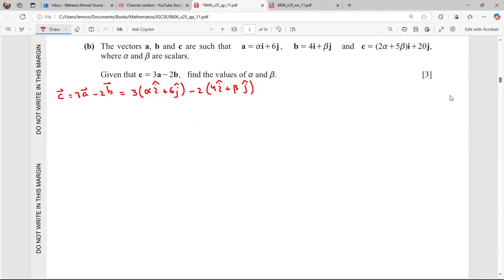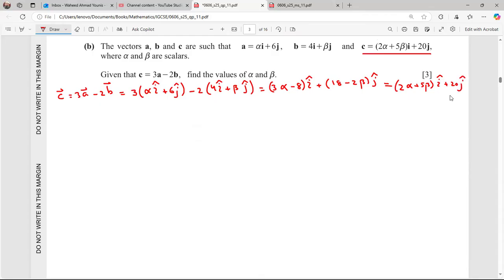Let me simplify it a little bit. It is going to be (3 alpha minus 8) times I plus 18J minus 2 beta times J. And this is equal to this C vector, which is given to us: (2 alpha plus 5 beta) times I plus 20J.